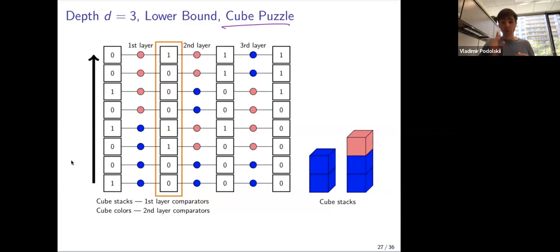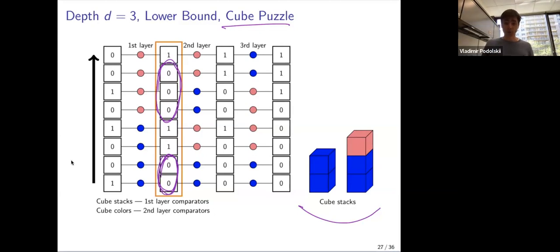that go to different comparators. Looking at this layer, I can draw a picture like that on the right. So on an arbitrary input, I can draw this picture. How can I see these stacks of cubes on the right? I look at the outputs of the comparators on the first layer, and maybe let's use the purple one. I look at the zeros in each output of the comparators of the first layer, and these will be the stacks.